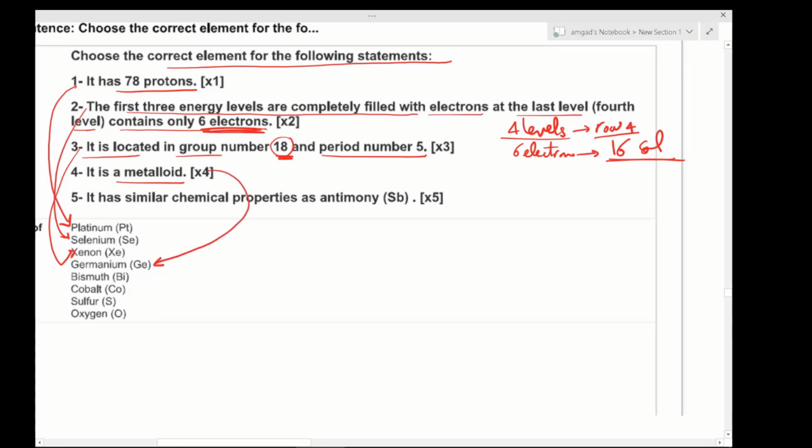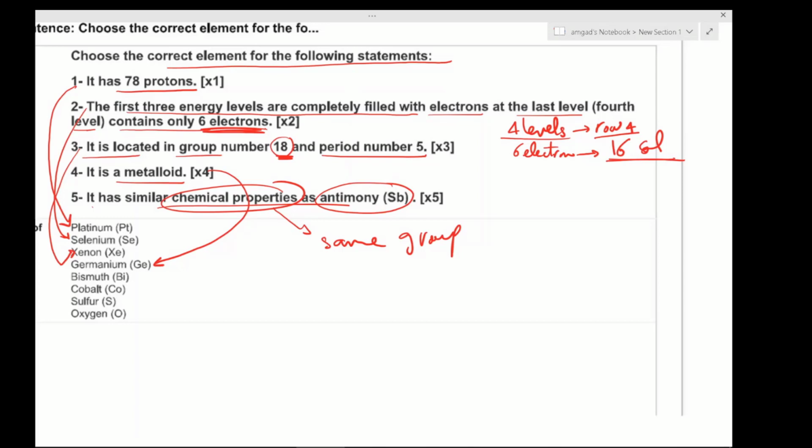We have 8 metalloids: boron, silicon, germanium, arsenic, antimony, tellurium, polonium, astatine. It has similar chemical properties as antimony. Where is the antimony? It's number 51. Same chemical properties, so it's the same column. Which one has the same column as antimony?